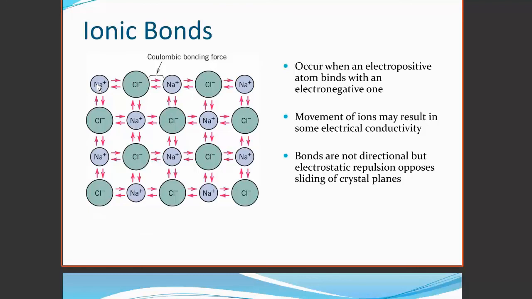This is called a stoichiometric ratio. Due to the difference in electronegativities, the atoms are in an ionized state. And due to Coulombic attraction of oppositely charged ions, bonding occurs.